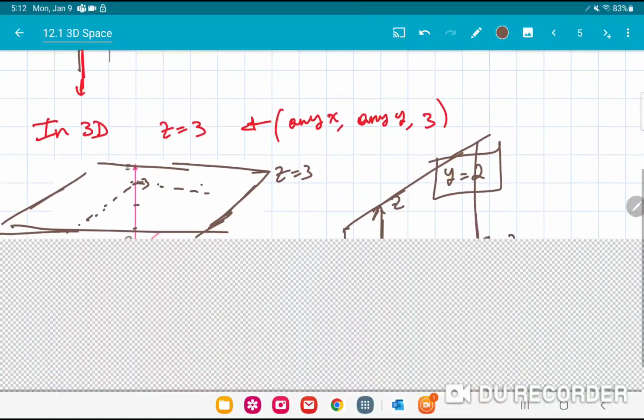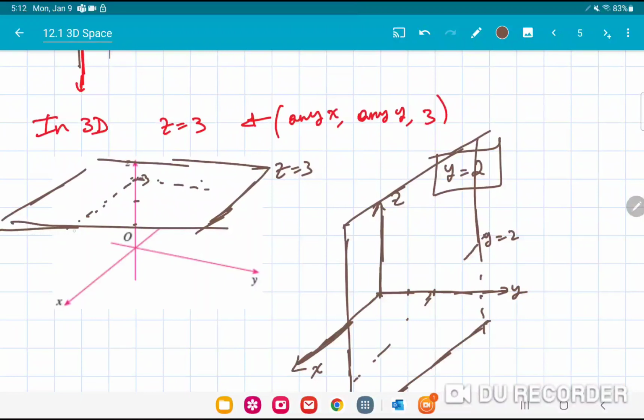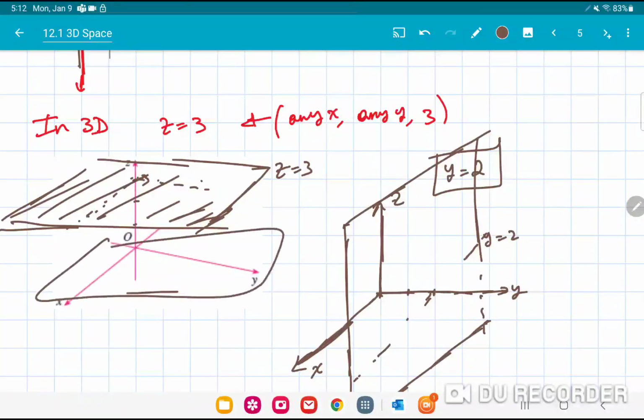Just like that here, z equals 3 is the plane that's parallel to the xy plane, and 3 units up. So that is our plane in 3D. These are just simpler equations. We'll work with other plane equations.